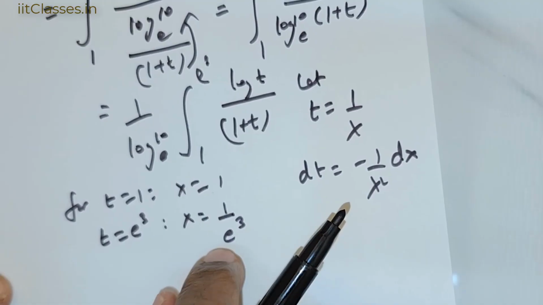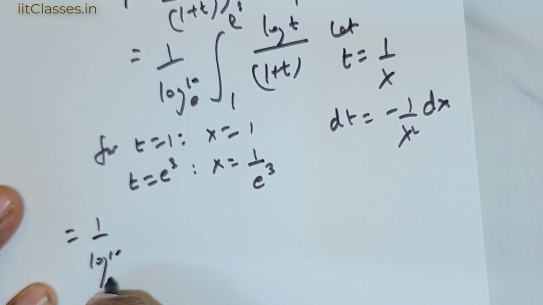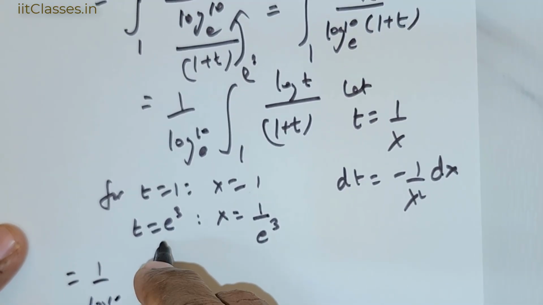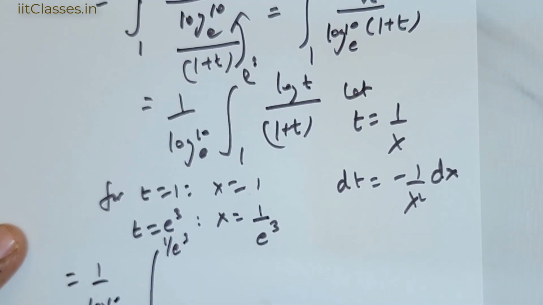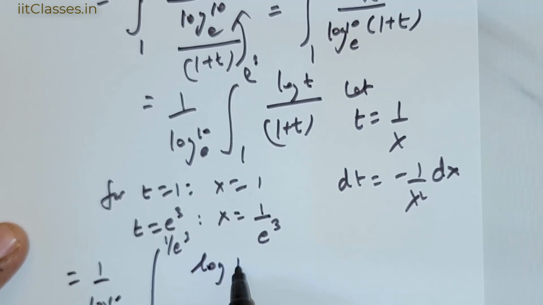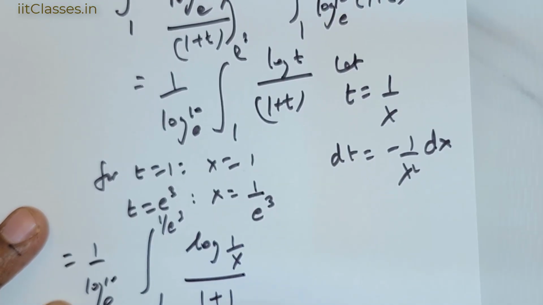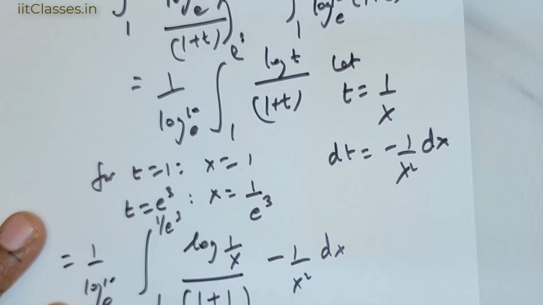So this is going to be much helpful for us. So this is equal to 1 over log 10 to the base e, integral from 1 to 1 over e raised to the power of 3, times log of 1 over x divided by 1 plus 1 over x, times negative 1 over x squared times dx.